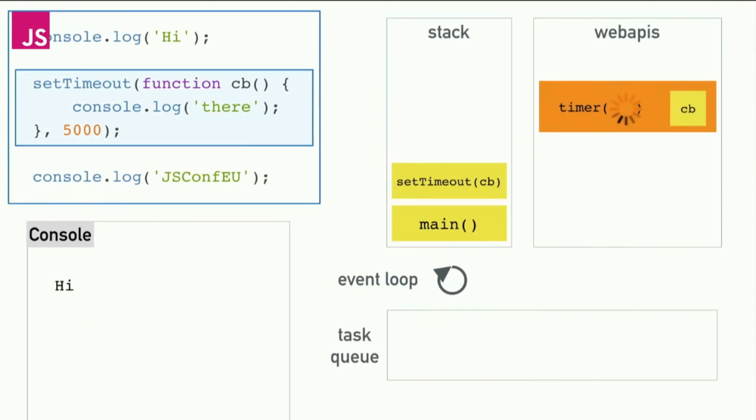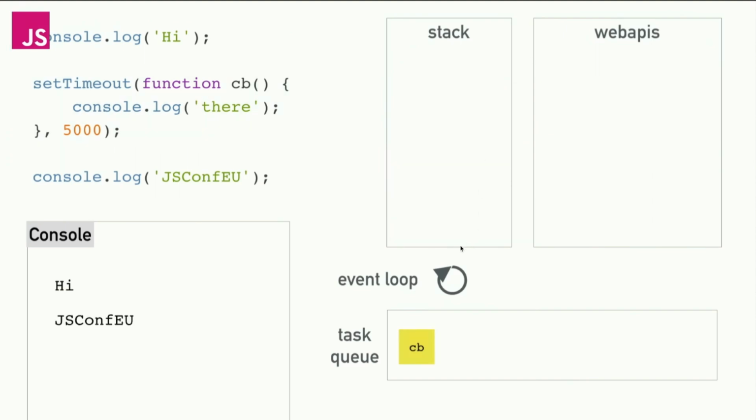After that, we store the callback in the task queue, and the event loop looks at the stack and checks if it is empty. It takes from the task queue and pushes it into the call stack.